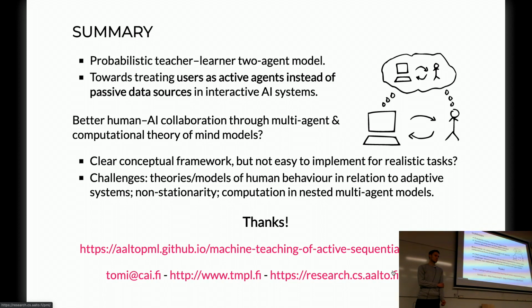For example, if we teach students here at Aalto, the goal is not necessarily just to maximize the utility of these learners, it might be to maximize the utility of society. Those might not align, and this question of alignment of different goals of the agents in the system needs to be addressed at some point.